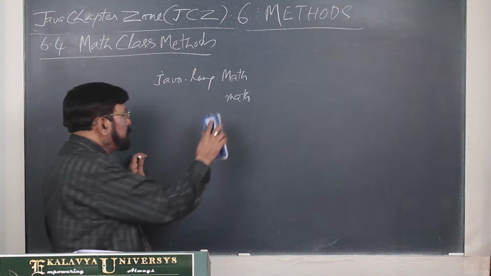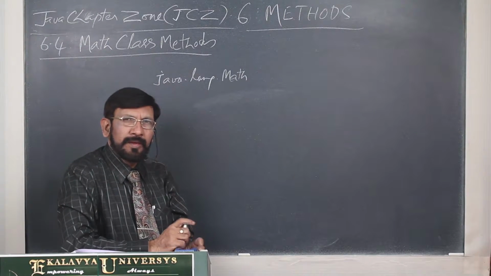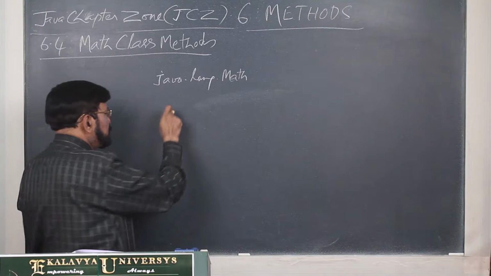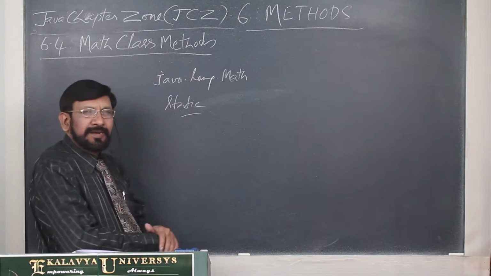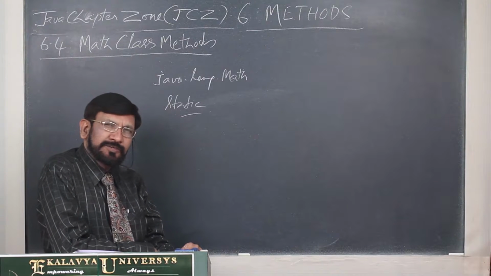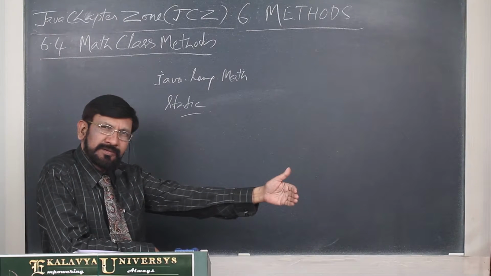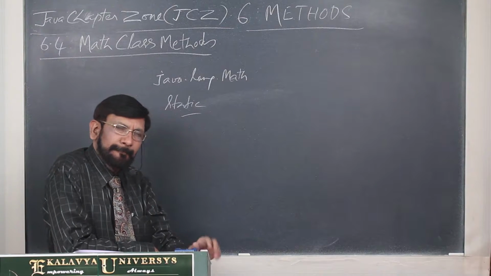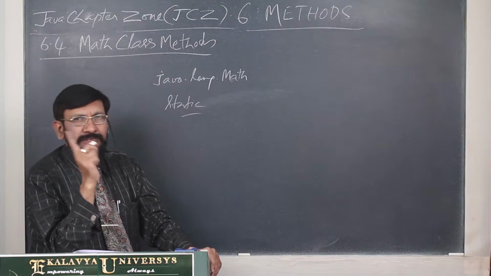In this Math class, a big set of methods is available, and all these methods are static methods. Already in the first chapter I explained, there are two types of methods, instance methods and static methods. Instance methods we call via an instance, instance means object.